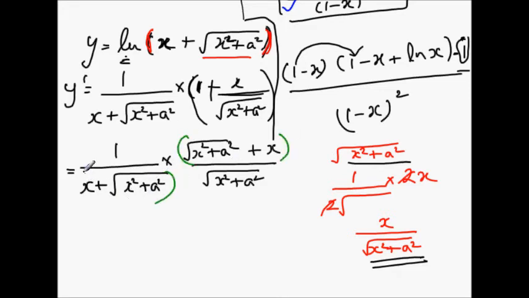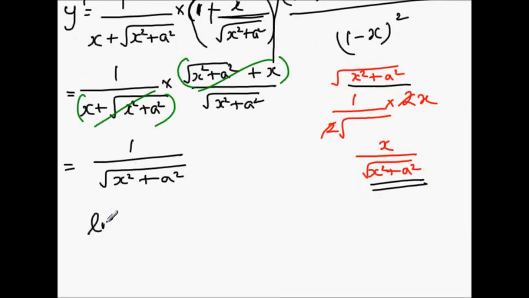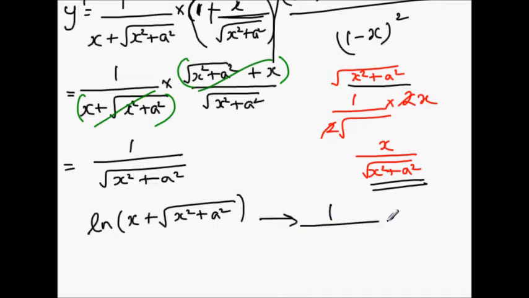This and this are the same, therefore I can cancel these two things, and my final answer would be 1 over square root of x square plus a square. This is a very beautiful result, because the question that we started with looked really complicated, which was ln of x plus root of x square plus a square, and this simplified on differentiation to just 1 over root of x square plus a square. So if you integrate this, you will get this.